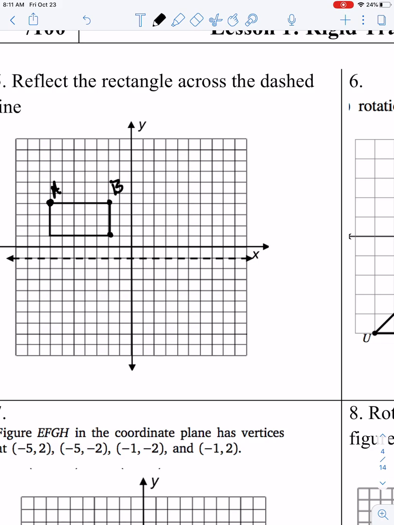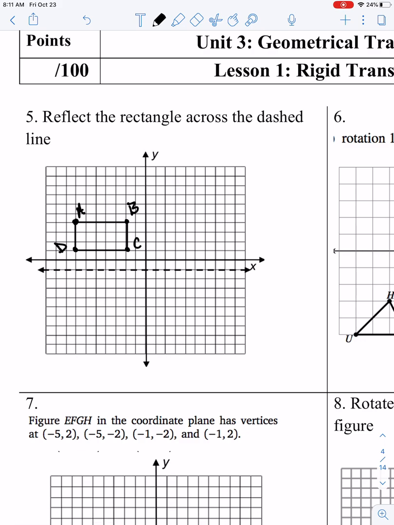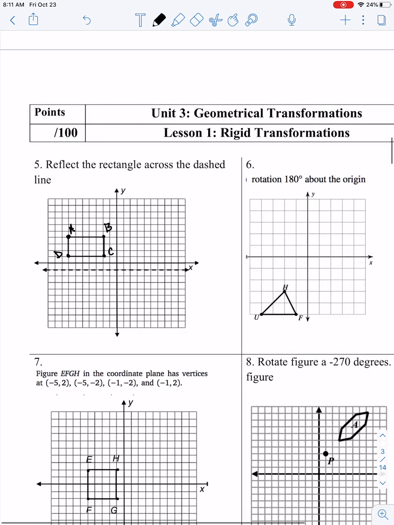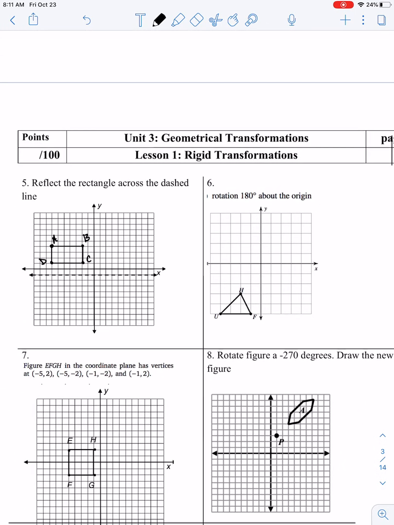So A, B, C, and D, right? Nothing's wrong with that. So if this one happens to be translated, you can go from A and then just tell me where the coordinate would be at. Same thing here. I only need 1 point. If you can do 1 point, that lets me know that you could do it to 2 points, 3 points, 4 points, or 5 points.